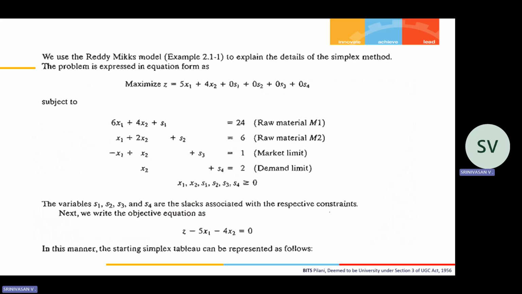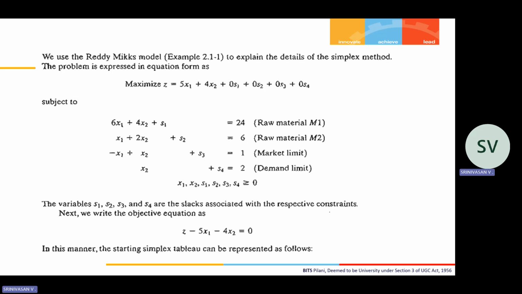Well, already we have seen in detail a standard form, a standard problem. Called a ready mix problem.